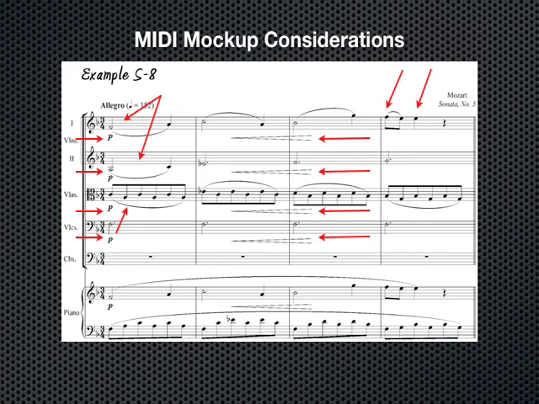All right, so let's look at some MIDI mockup considerations. For example, here we're just going to use the exact orchestration that Joseph Wagner came up with. The first thing I marked out is the tempo consideration. Then we have the bowings here. The first two arrows in bar 1 are indicating the bowing considerations.